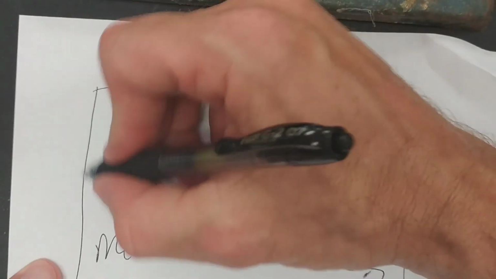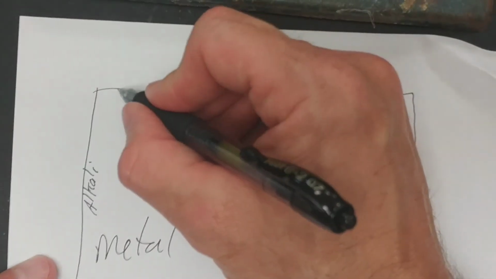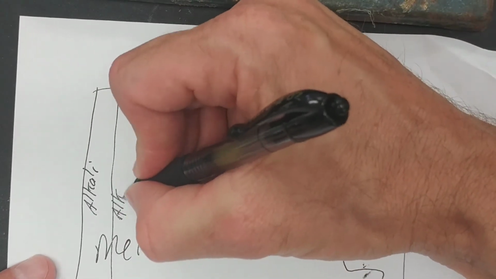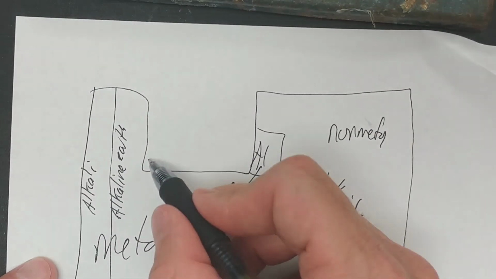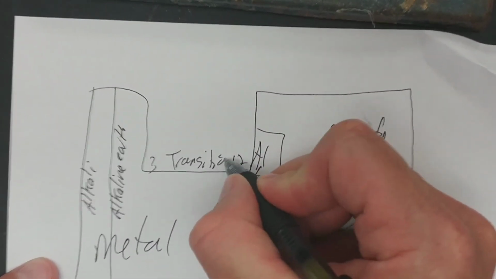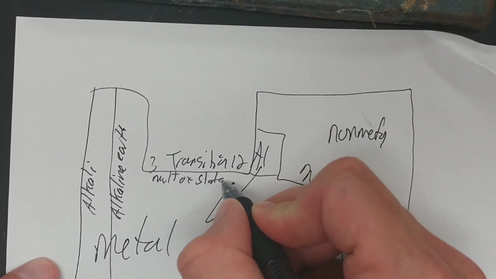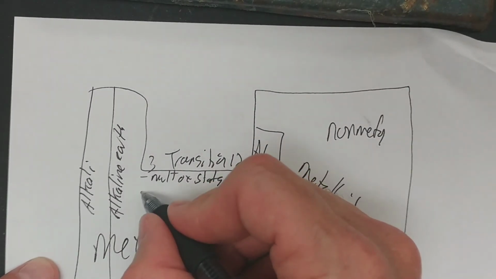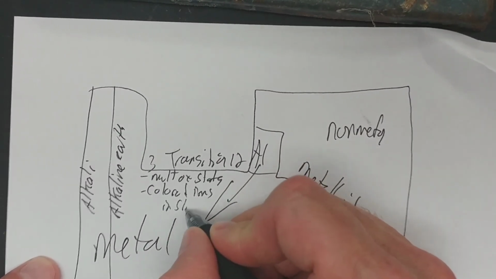Group 1, alkali metals. Group 2, alkaline earth metals. Group 3 through 12, transition metals. They have multiple oxidation states and colored ions in solution.